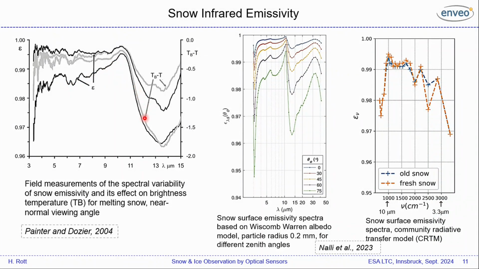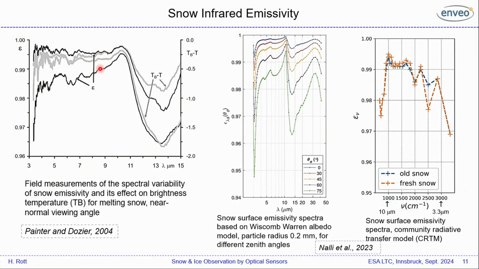And these are the related brightness temperatures, the difference of brightness temperatures minus actual thermodynamic temperatures. And the error here would be, for example, almost 1 degree, and here 1.8 degrees. In this case, it's still maybe on the order of 0.5 degrees.